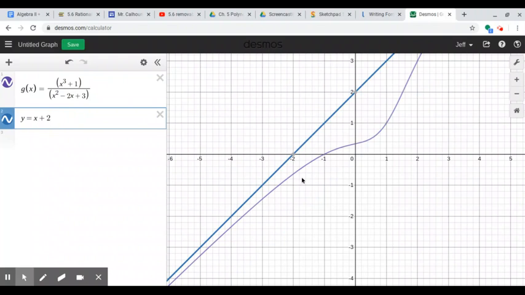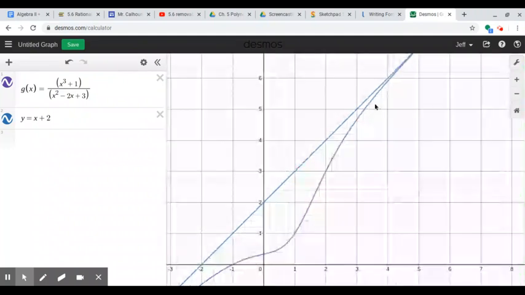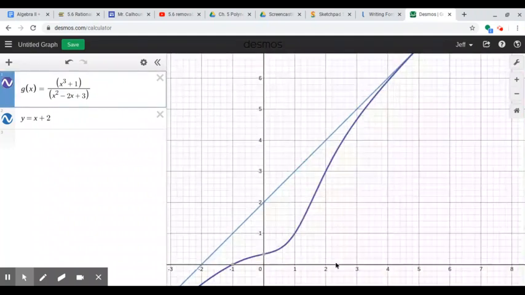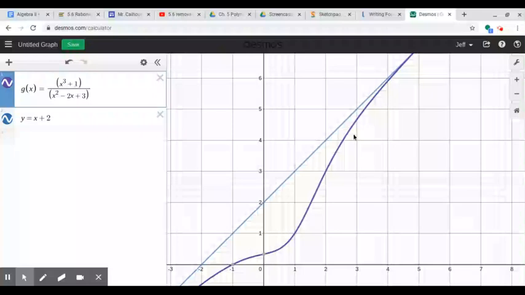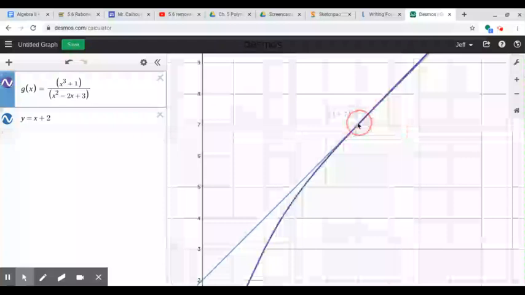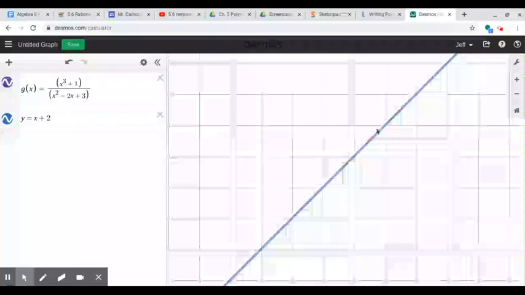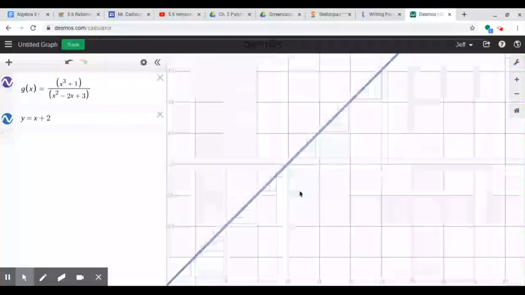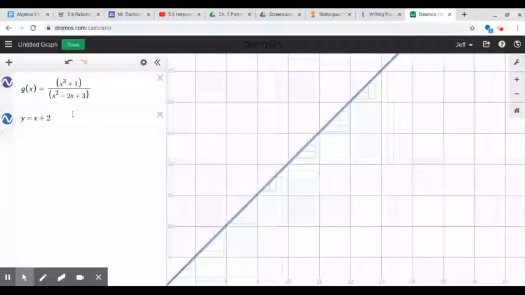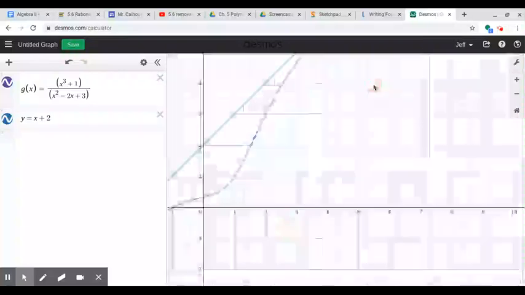So let's look at our graph of our curve, g of x. As x approaches infinity, as x gets larger and larger, our y values are trending towards the slant asymptote x plus 2. It's almost as if g of x becomes y equals x plus 2 as x gets bigger and bigger.